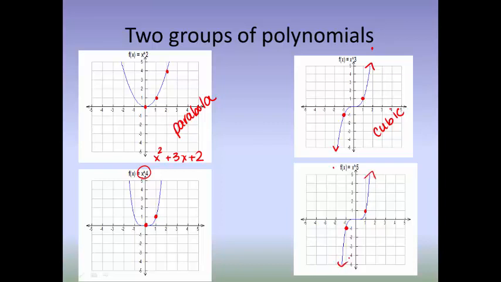But in general, the shapes are the same. So you can imagine that if I went to x to the sixth, it would look similar to this parabola and these x to the fourth graphs. And if I went to x to the seventh, it would look similar to these odd exponents.